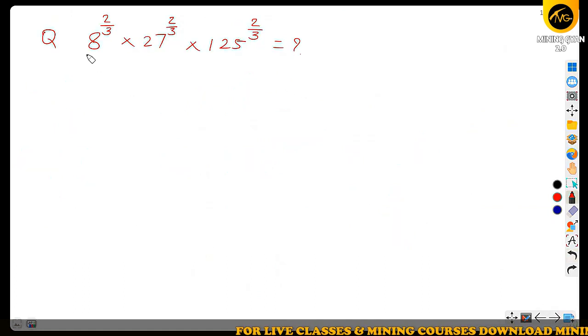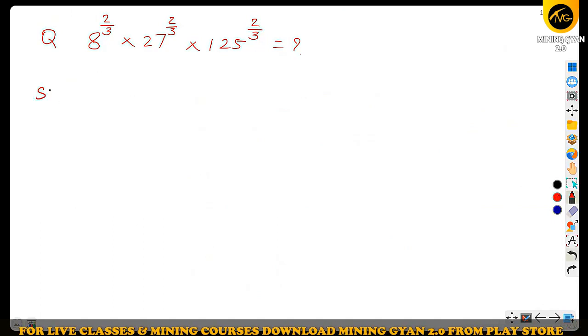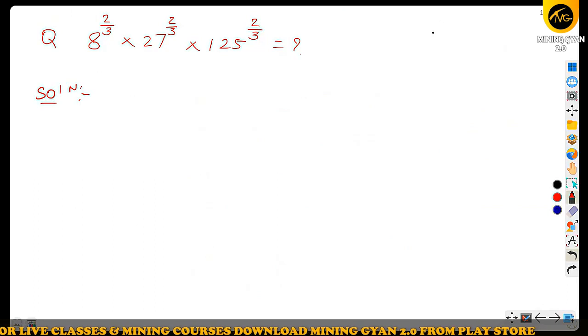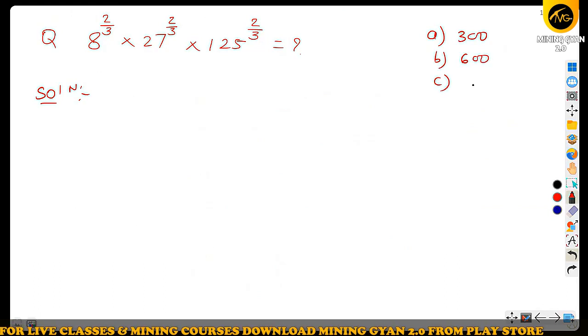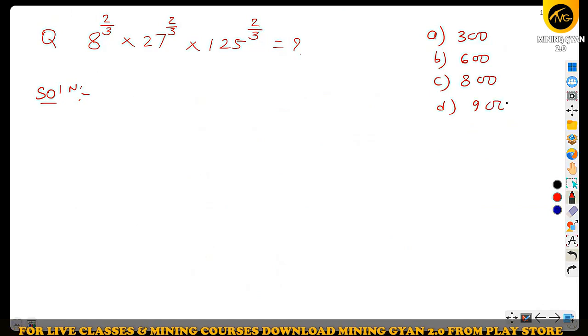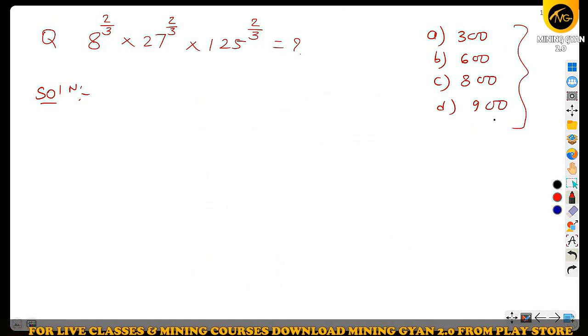Now next one, 8 power 2 divided by 3 into 27 power 2 divided by 3 and 125 power 2 divided by 3. Suppose the options available are A 300, B is 600, C is 800, and last one D is 900. Choose quickly the options.